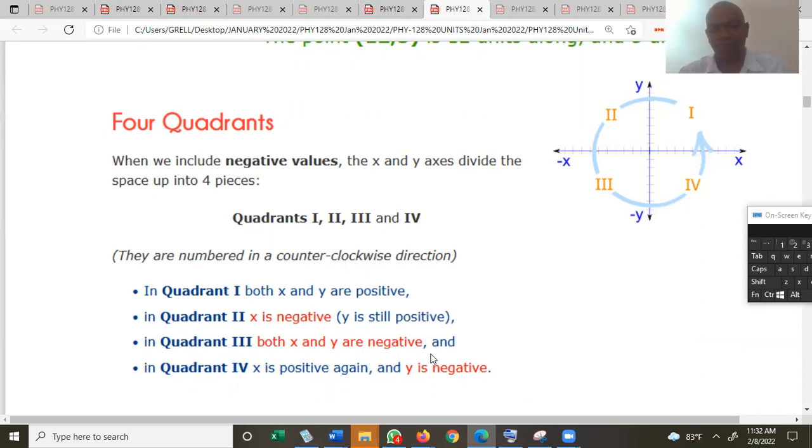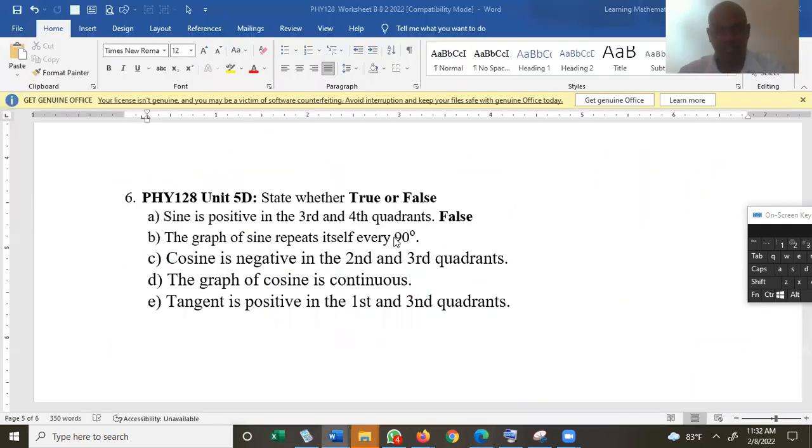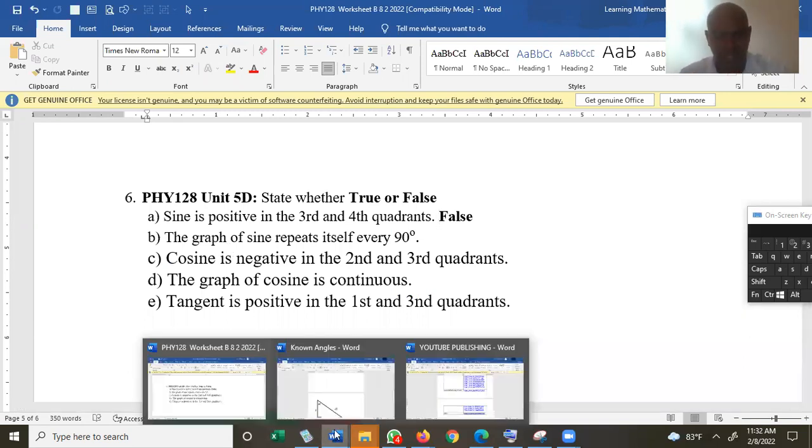So this pattern does not repeat after 90 degrees. It says the entire graph of sine repeats itself every 90 degrees. No, because after 90 degrees, new things are happening.